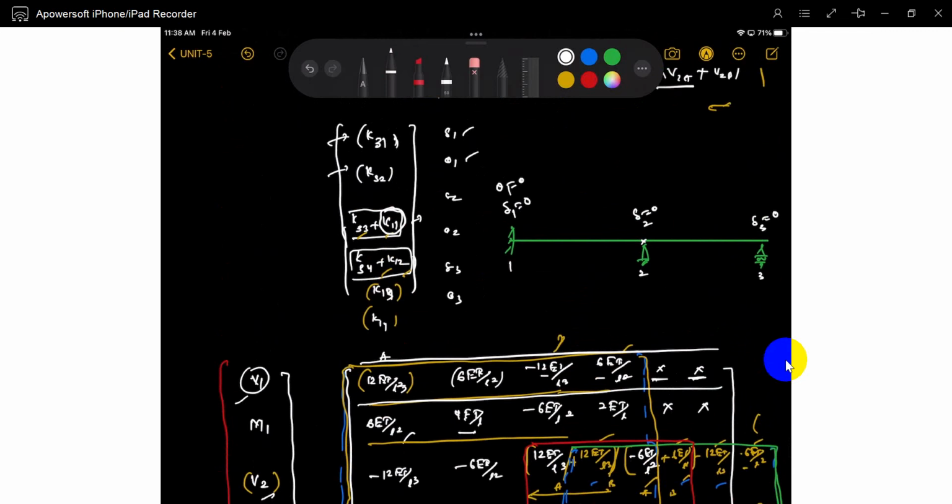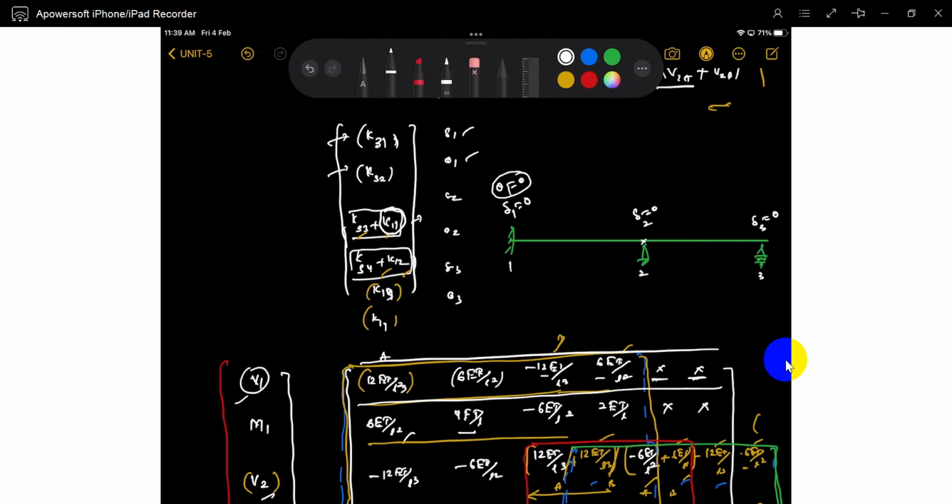See, if the deformations are released, forces will not develop. If the deformations are restrained only, forces will develop. Understood? One thing you understand. Here you see theta is restricted.